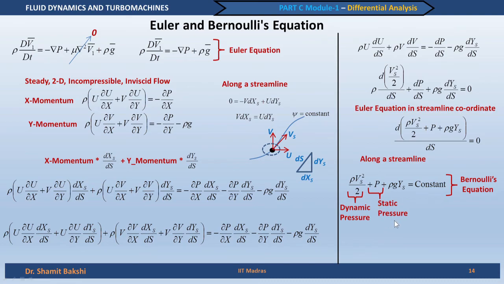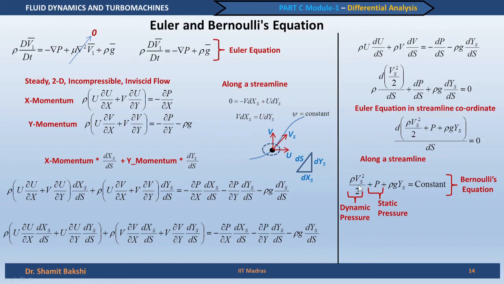The name static pressure is given because this is the pressure for a flow, not for a static condition, but it only emphasizes that it is the pressure due to the non-velocity component of the flow.